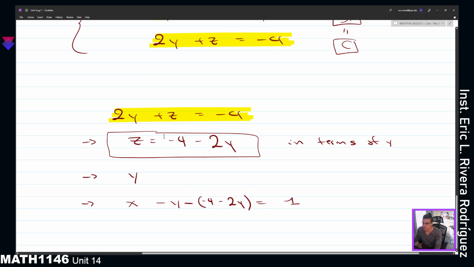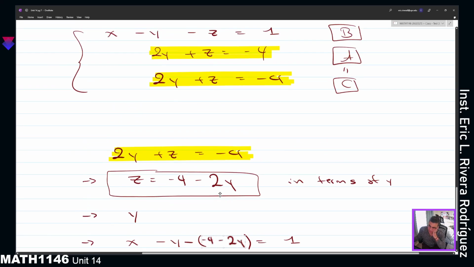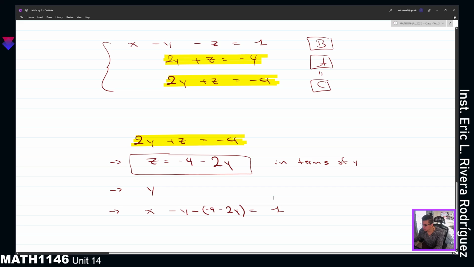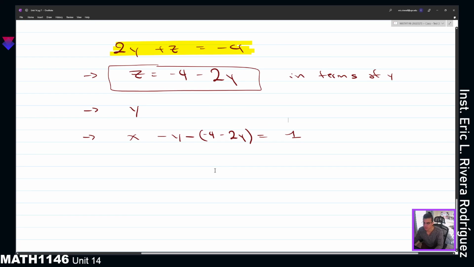So what I did, I substituted the value of z in the first equation. So see that -4 minus 2y is in the place where z is in the first equation. Okay, so that means the first equation only has two variables.